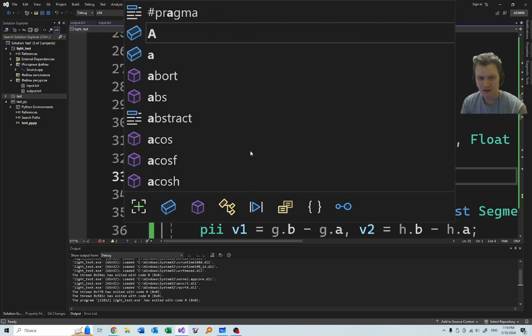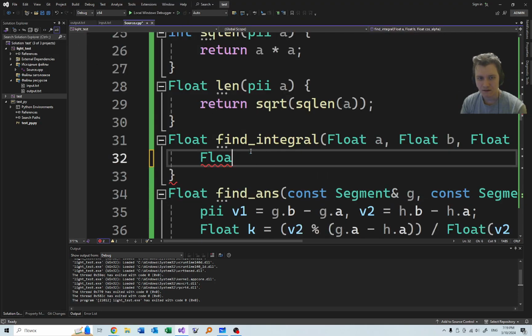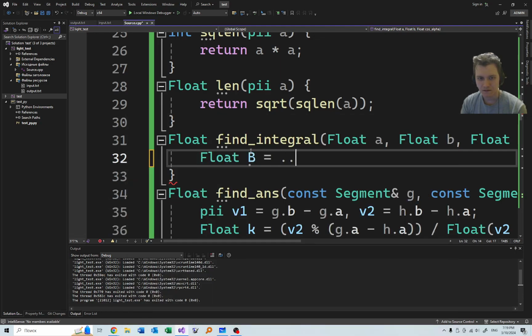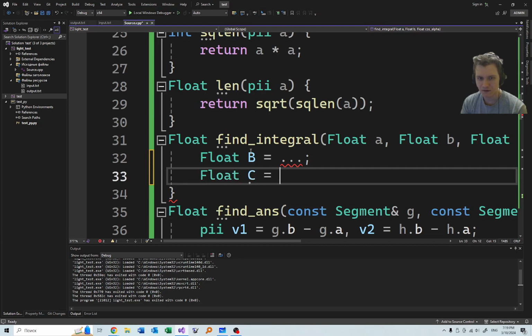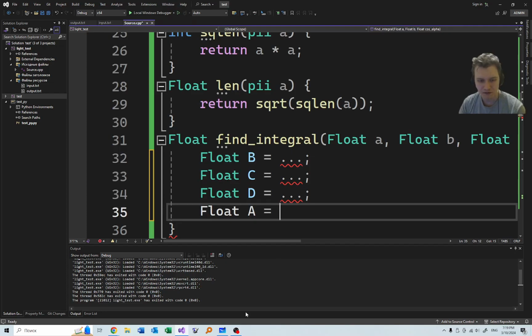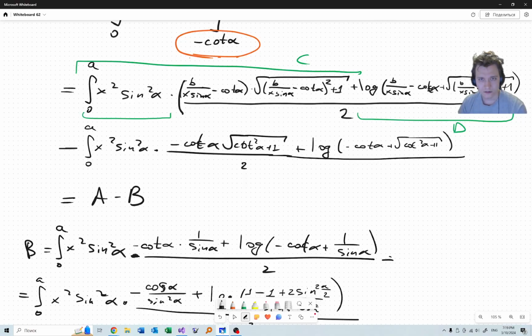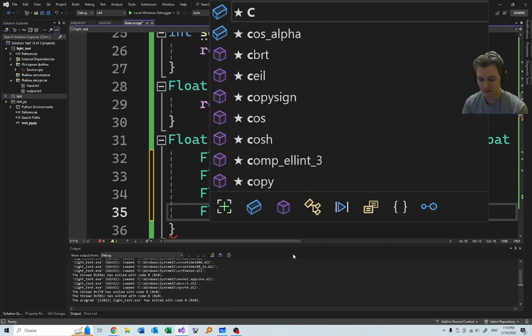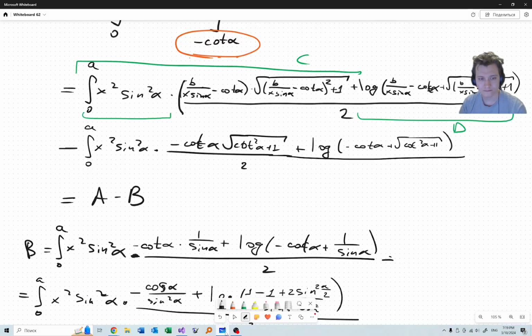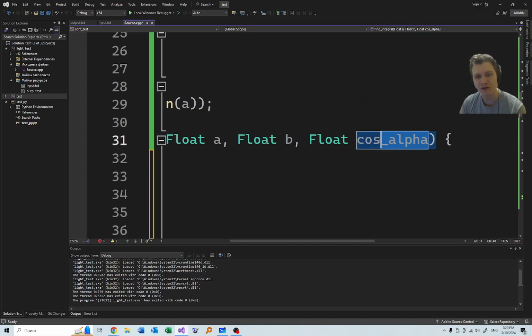Then we say that float c equals something, float d equals something, and float a equals c plus d. Actually, I think we also want sine alpha.